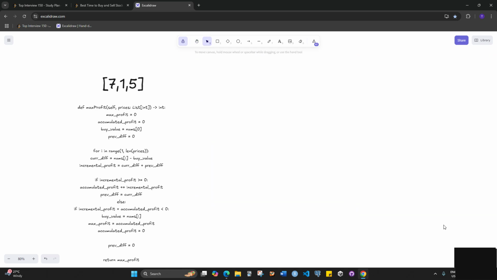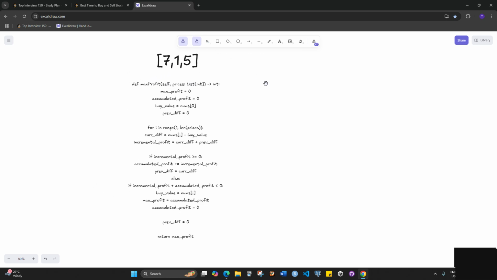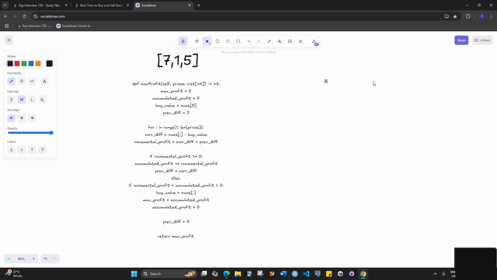All of this can go away. Okay, let's think about it. We have all of these variables. Cool. So iteration 1, diff is equal to 1 minus 7, which equals negative 6. Incremental profit is equal to negative 6 plus 0, which equals negative 6.